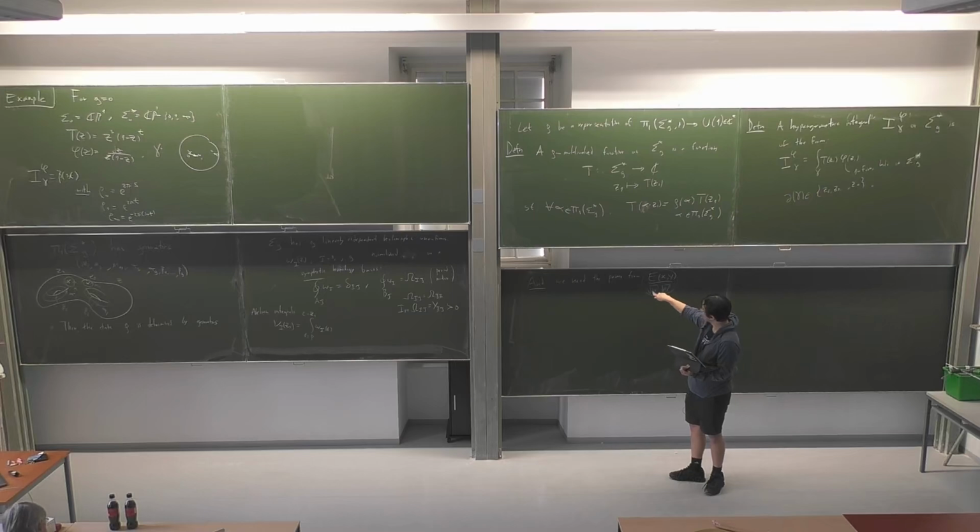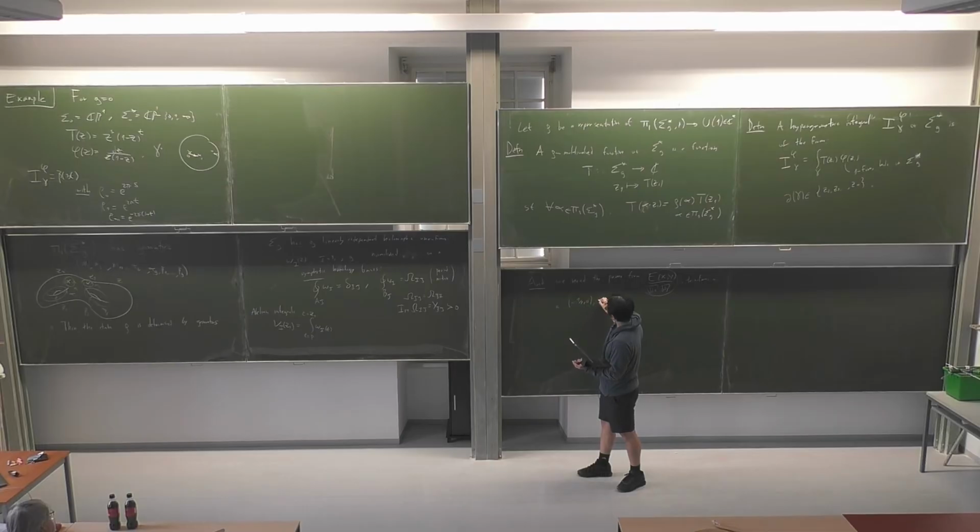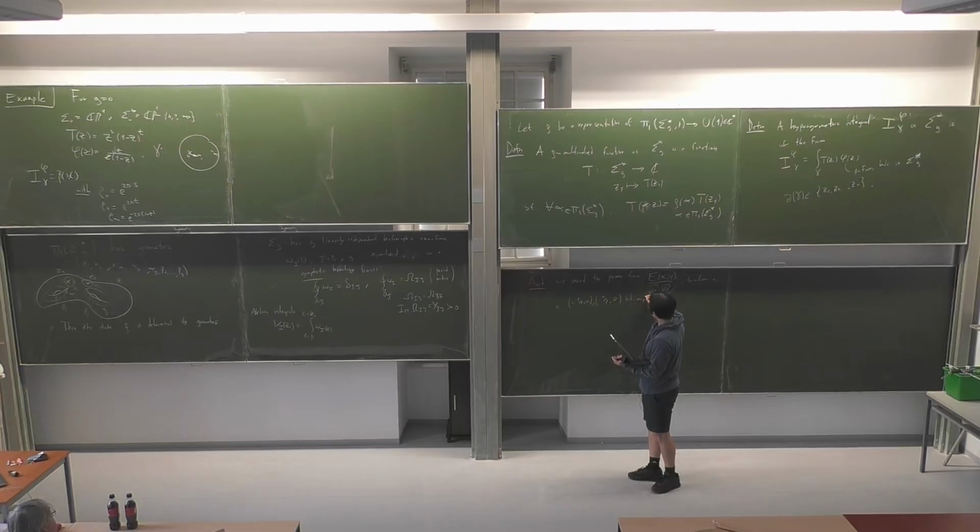I put this square root of a 1 from there because this transforms as a minus a half, 0, minus a half, 0 holomorphic differential.